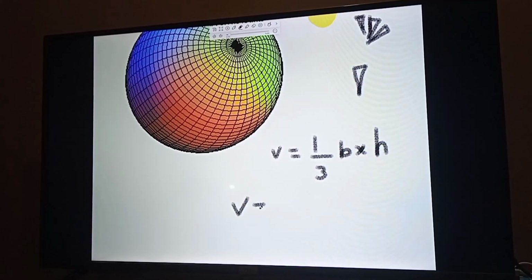So volume will be equal to 1/3 b into r.